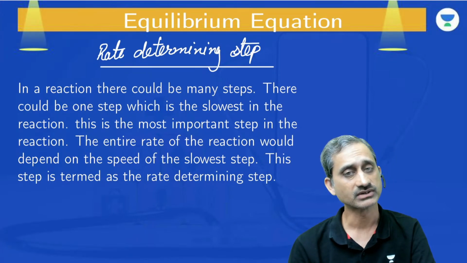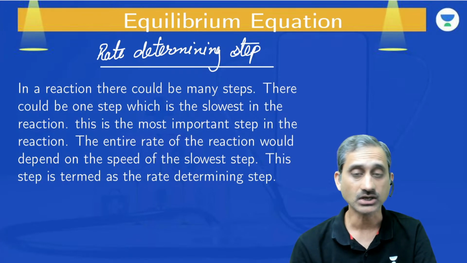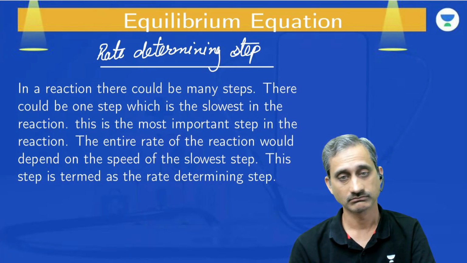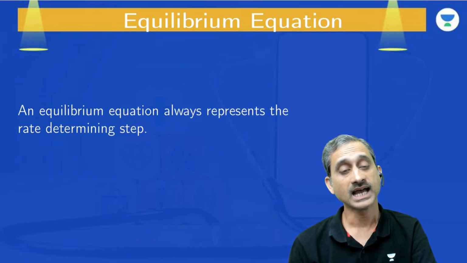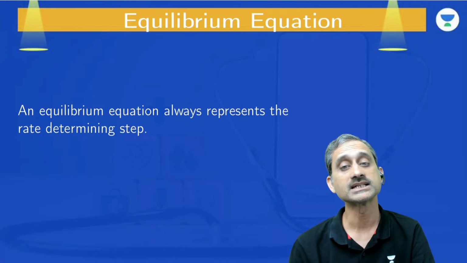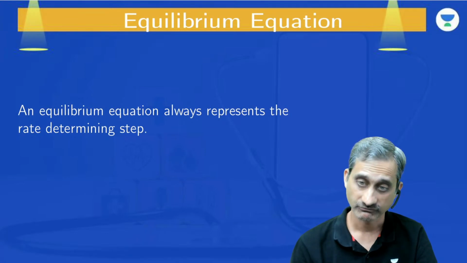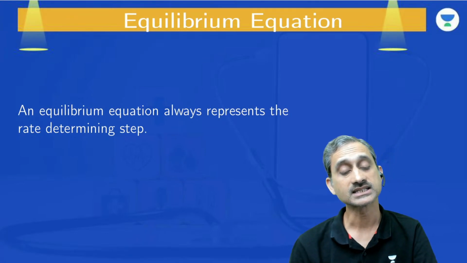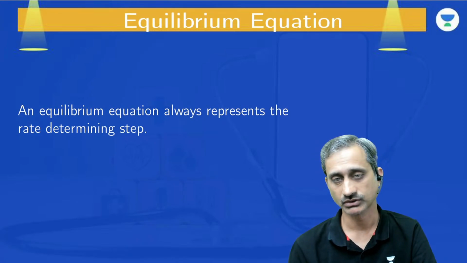That is what we have as the rate determining step. The entire rate of the reaction would depend on the speed of the slowest step. Fine. Now, an equilibrium equation always represents the rate determining step. It represents the single step, the elementary step, the rate determining step of the reaction.